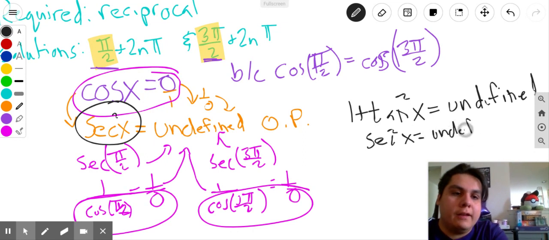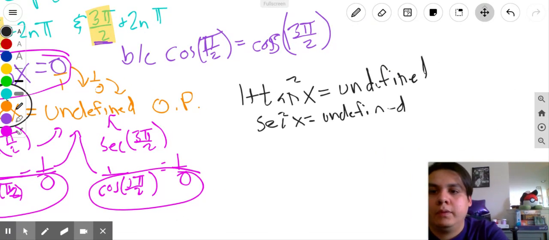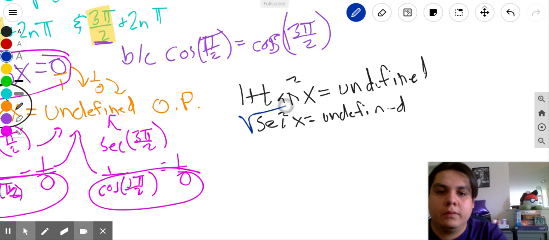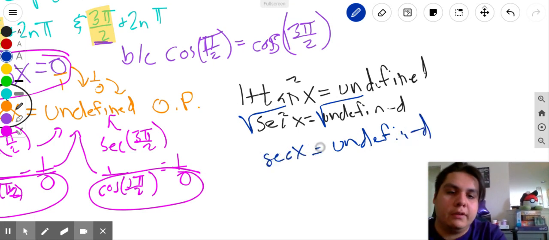And then my solving gets a little harder because now I have to go ahead and square root. Square root of undefined is still undefined because I don't know what that comes out to. So I'm trying to figure out where secant of x would be undefined, which means I want 1 over cosine of x to be undefined.